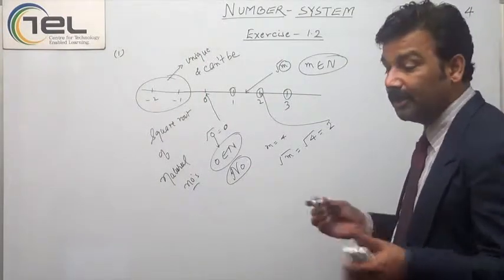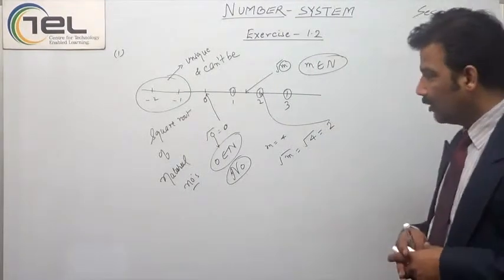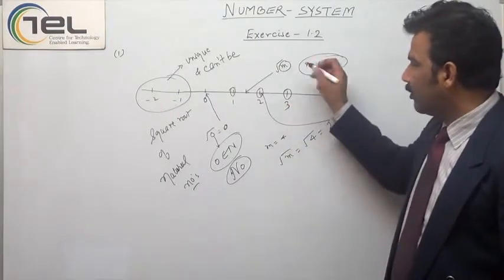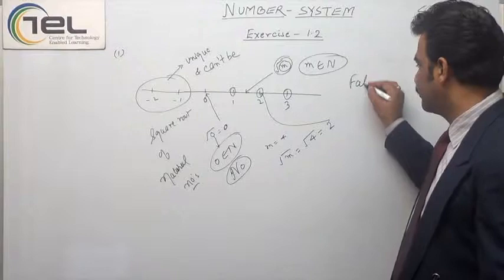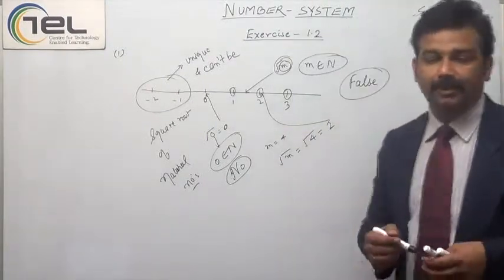They can never be the square root of natural numbers. Clear? So the statement that every number on the number line can be stated in this form is a false statement. They say it can be represented, and we have proved it can't be represented.